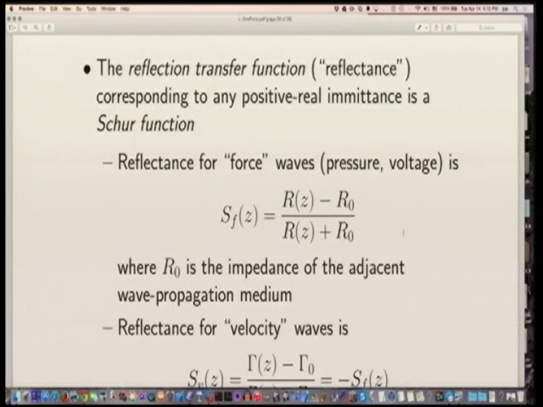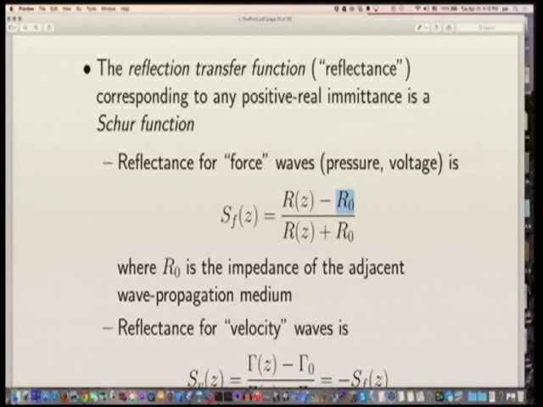So here's the actual formula for the reflectance of an impedance R(z), and this can be like our guitar bridge. We're coming from an impedance of R0. A traveling wave is progressing through impedance R0, and it hits R(z). R0 could be the impedance of our string, this ideal string.